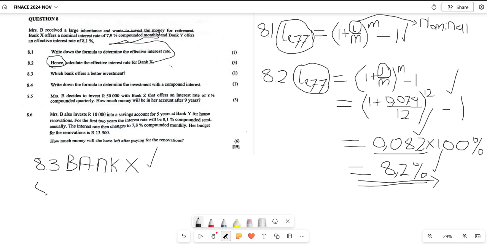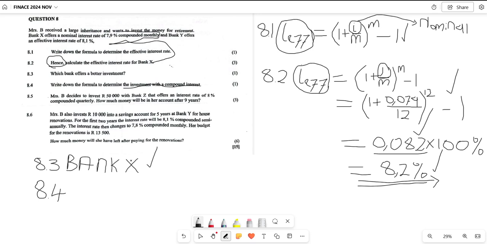Then we proceed to 8.4. In 8.4, it says, write down the formula to determine the investment with a compound interest. Now here, they are saying go to the formula sheet and pick the formula for compound interest.